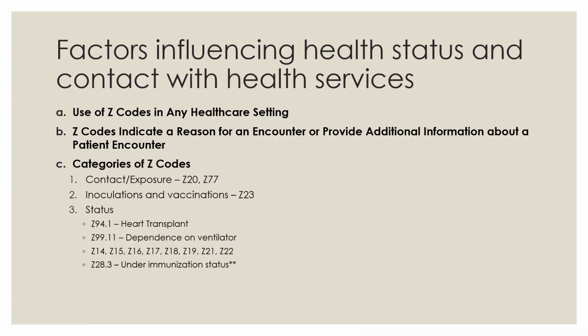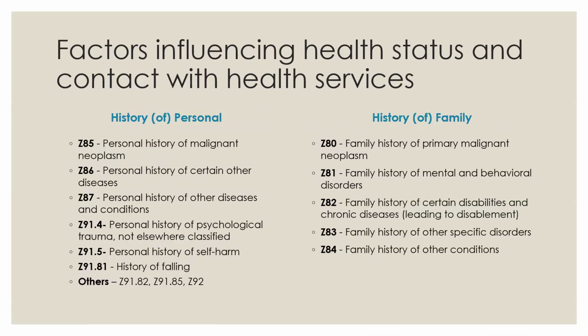Z codes may be used as either a first listed principal diagnosis code in the inpatient setting or a secondary code depending on the circumstances of the encounter. Certain Z codes may only be used as first listed or principal diagnosis.